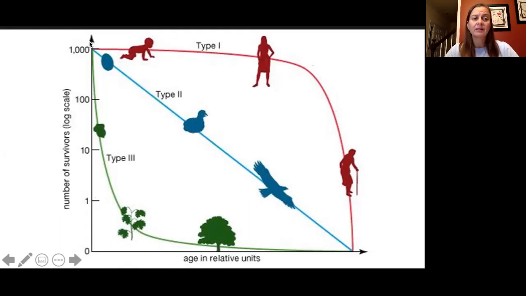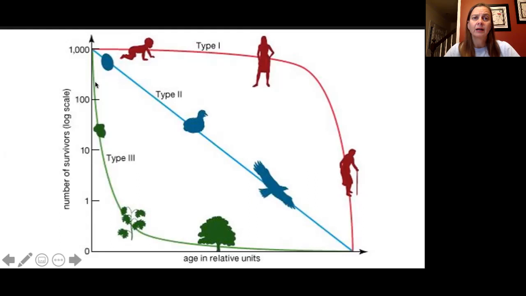On the other end of the spectrum, we have type 3. And type 3, you see that most of the population dies before reaching adulthood. Those that do reach adulthood tend to live a long time, percentage of their lifespan at least. But the vast majority don't make it to adulthood.